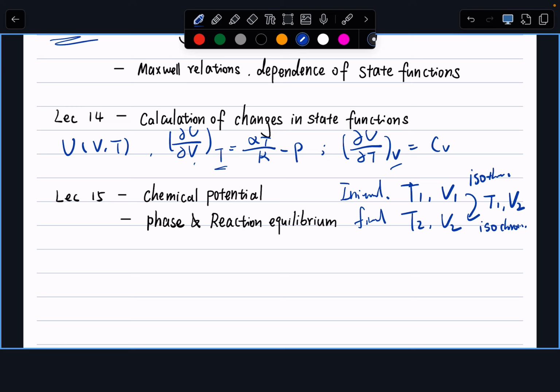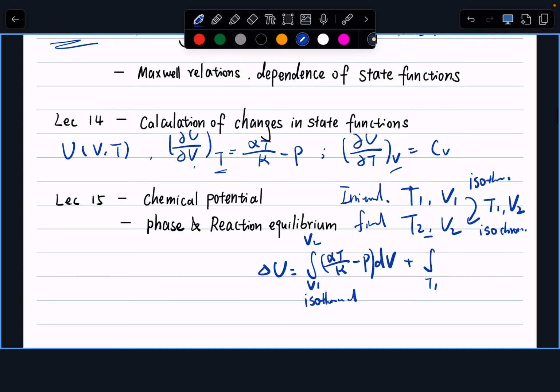Or the other way to put it is we can write my delta U to be the integral of my first isothermal step, which becomes the integral from V1 to V2 of alpha T over chi minus P dV. And that alpha T over chi minus P is something we can solve for if we know the equation of state. Plus the second step, the isochoric step, which is the integral from T1 to T2 of Cv dT.